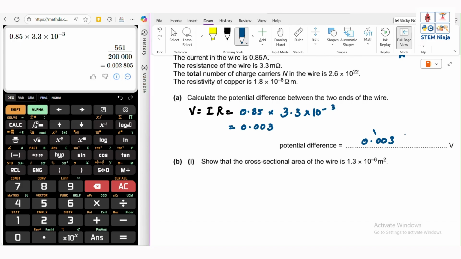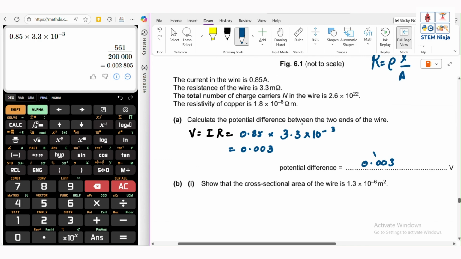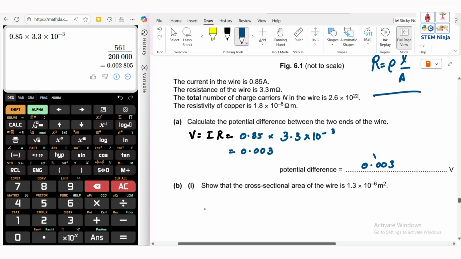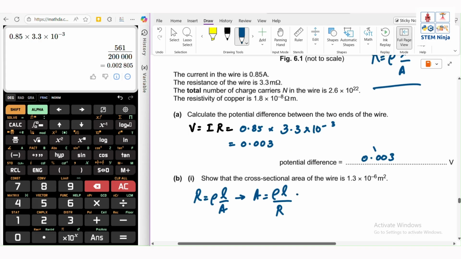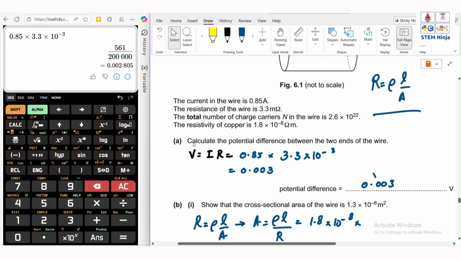Show that the cross-sectional area of the wire is this. Okay, so actually we could reuse this. So R is equal to rho L over A, which means A is rho L over resistance. So rho is given to us as 1.8 × 10^-8. Length, wait, sorry, again I forgot.